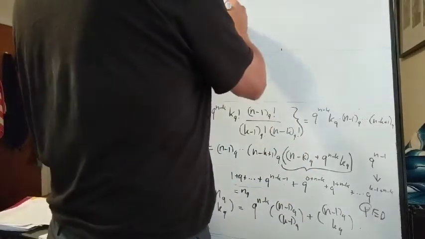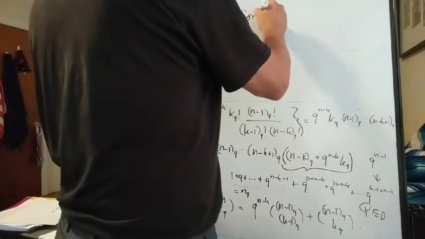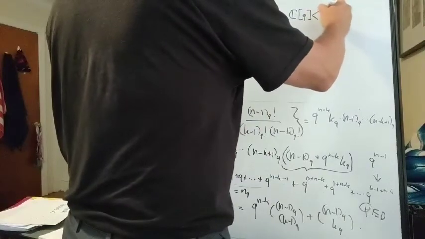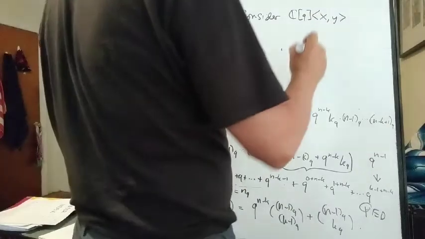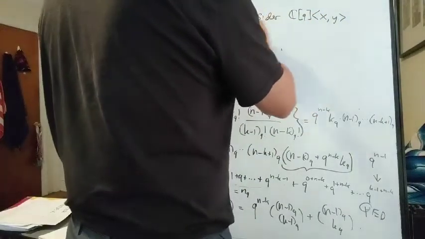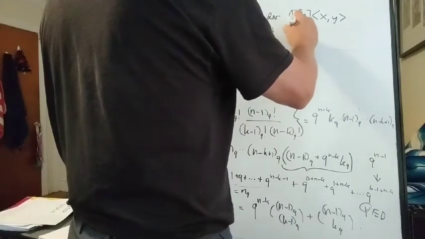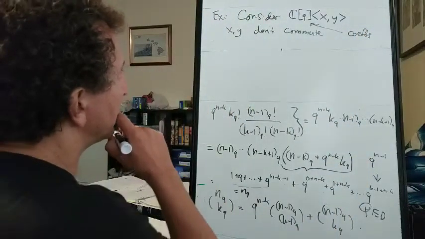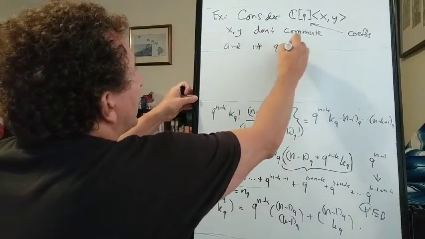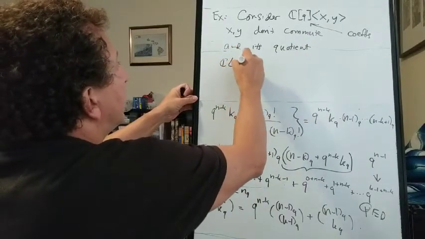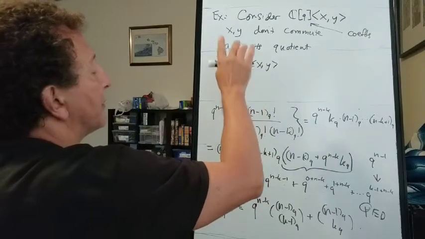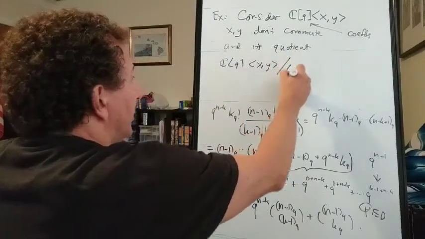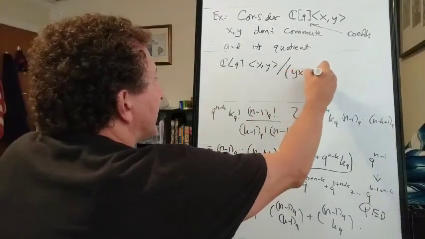So let's consider polynomials in non-commuting variables x and y whose coefficients are polynomials in q with complex coefficients, and let's look at the quotient of this ring modulo the ideal generated by yx minus qxy.